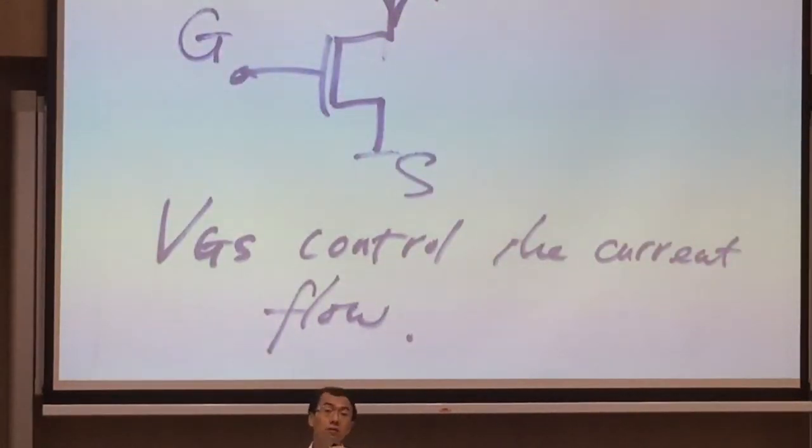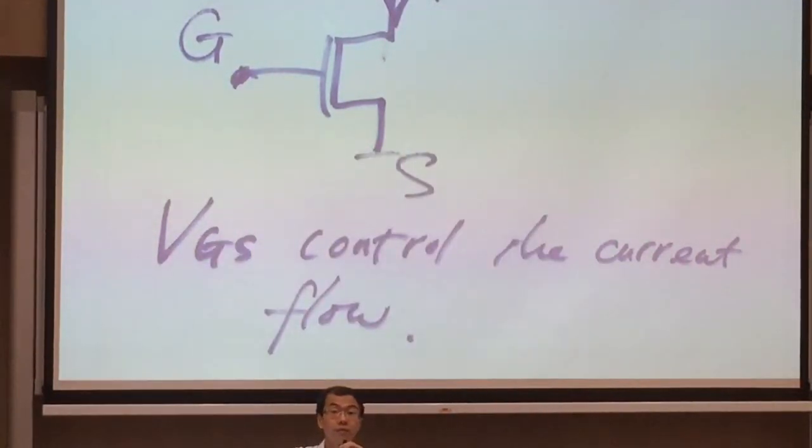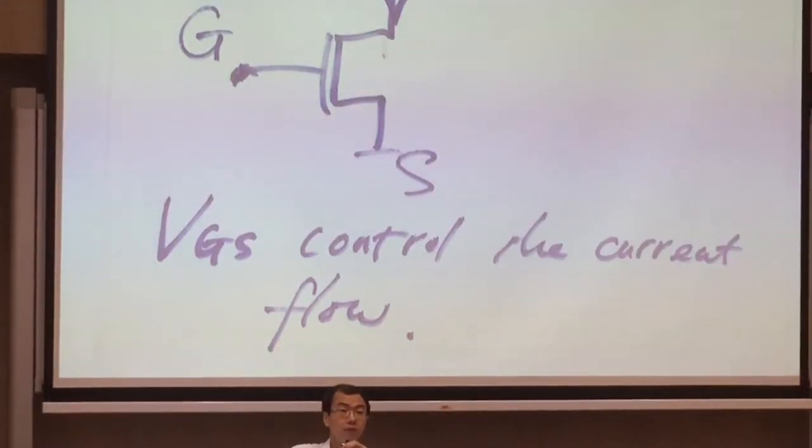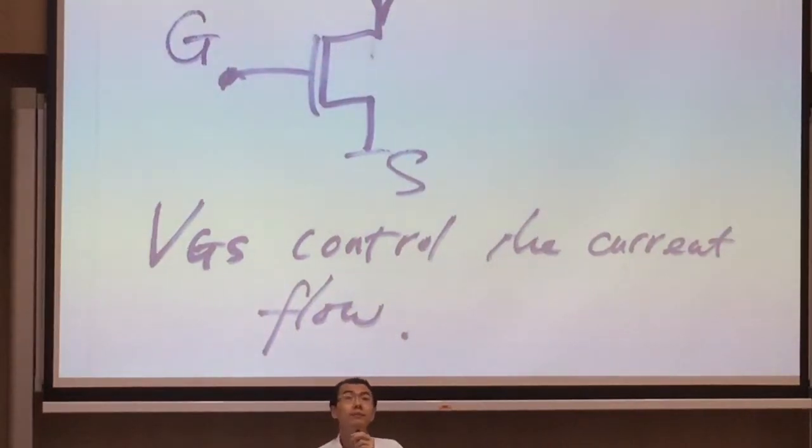Okay. So the voltage here, you can view it like a water tank. You turn on the water tank, the current flows. You turn off the water tank, the water, the current does not flow. So the operation for MOSFET is actually simpler compared to the bipolar transistor.